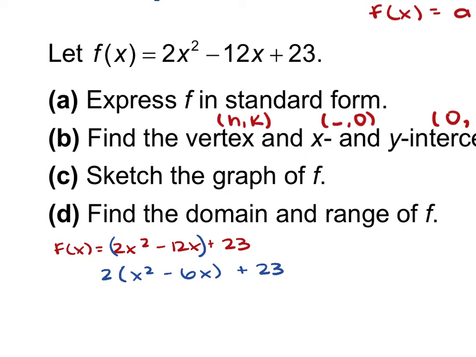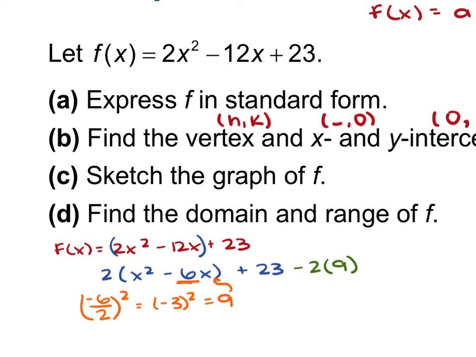So I'm going to take that b term here, which is that negative 6. I'm going to divide it by 2, and I'm going to square it. That negative 6 divided by 2 is negative 3. Negative 3 squared is 9. So I'm going to add that 9 to this binomial to make it a perfect square trinomial, as well as, since I factored out that 2, I'm going to subtract 2 times whatever I'm adding into that trinomial, which is that 9.